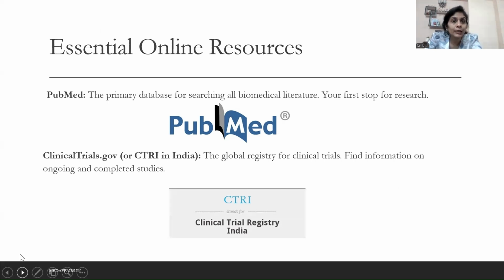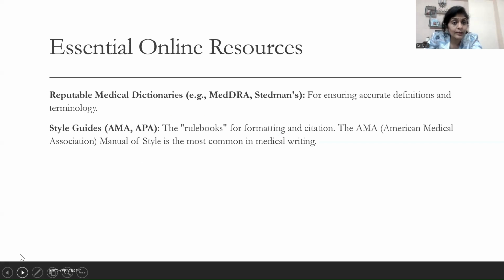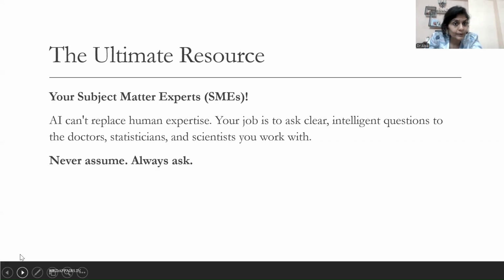Rather, rely on more established and evidence-based resources such as PubMed, then clinicaltrials.gov, or in India, the Clinical Trial Registry India. Then Stedman's online version is available. And when it comes to referencing, the most commonly used is the American Medical Association manual. Otherwise, we do use Vancouver also, right?